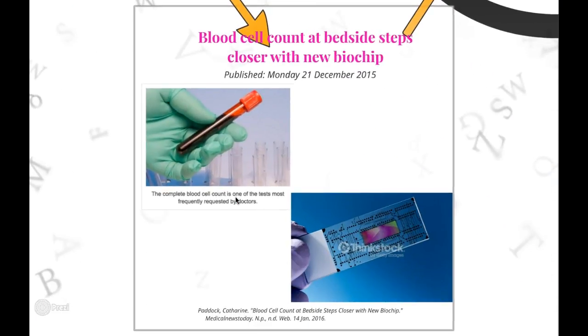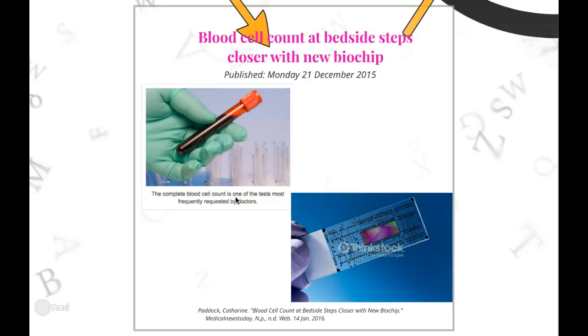So after all that, let me tell you exciting news about a diagnostic technology breakthrough, published in an article from a website called Medical Use Today in December 2015. So one of the most commonly ordered blood tests is the complete blood cell count. Currently, the gold standard for the test requires the use of a lab with bulky and expensive equipment.